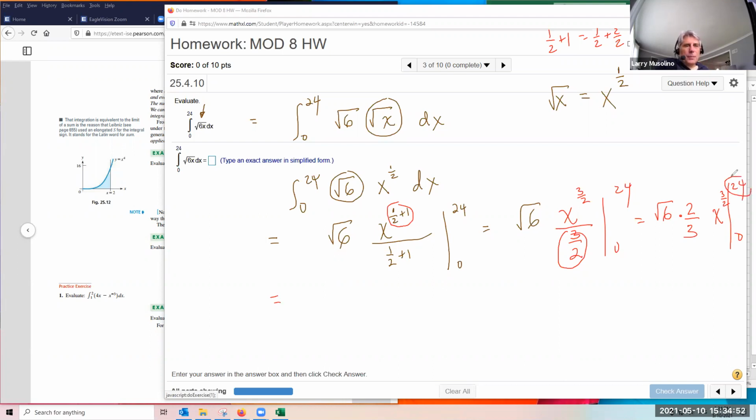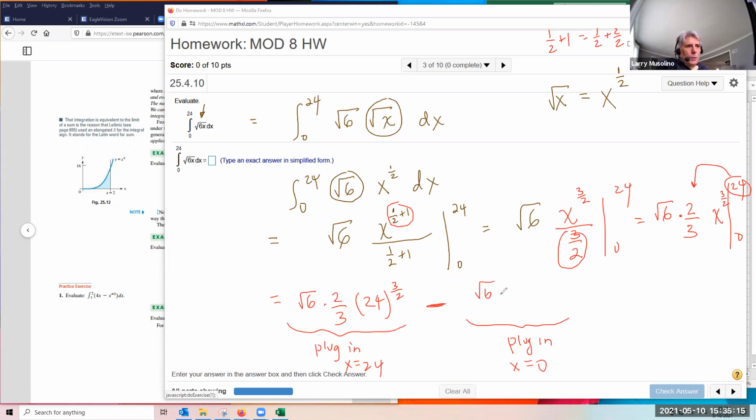I'm going to plug in the upper bound 24. So it's going to be the square root of 6 times 2/3 times 24 to the 3/2. So this is plugging in the upper bound x equals 24. And then you subtract when you plug in the lower bound. In our case, it's x equals 0.